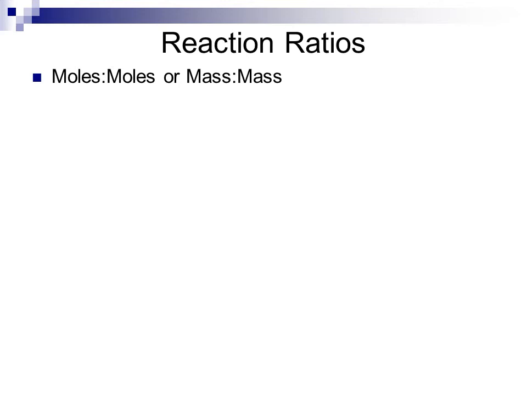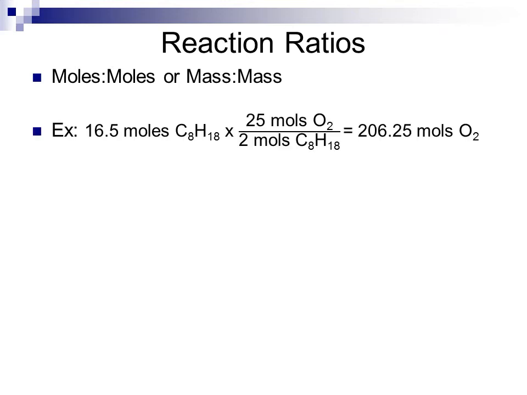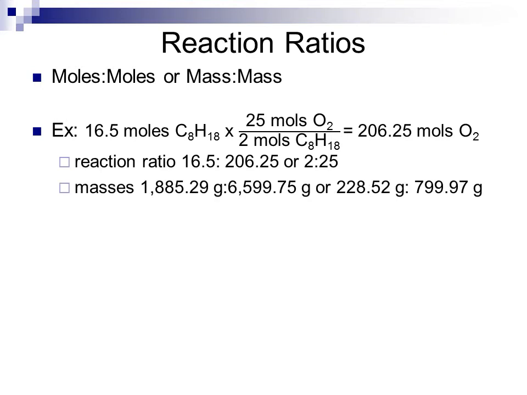We can relate moles to moles or mass to mass in this way. So if I want to go from 16.5 moles to 206.25 moles, I use my conversion factor like we just did. The reaction ratio is then 16.5 moles to 206.25, which accurately reflects our 2 to 25 ratio that we talked about here.